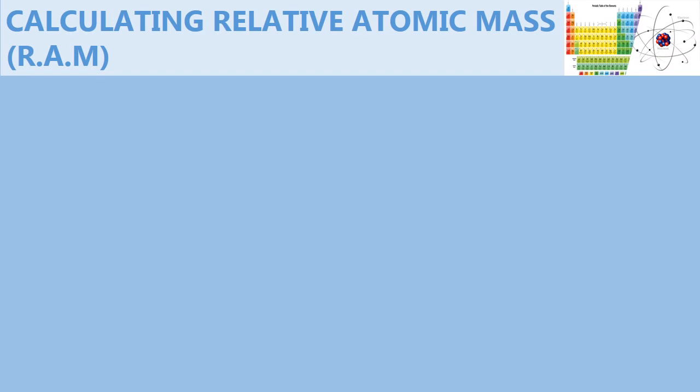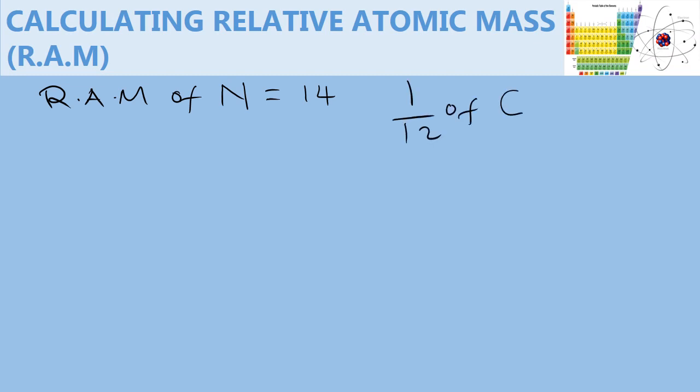In the previous class, we concluded by saying that the relative atomic mass of nitrogen is 14, meaning it is 14 times heavier than the mass of 1/12 of carbon-12 atom. Scientists have also discovered that we have 2 isotopes of nitrogen.